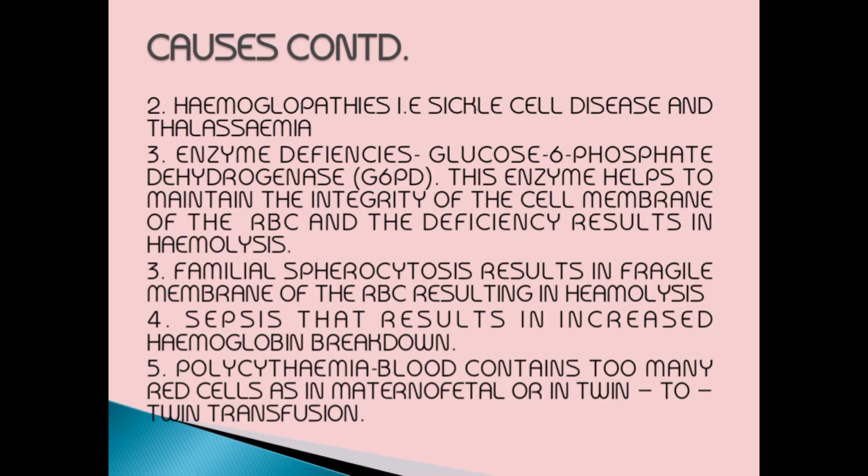Talk about enzyme deficiencies, like if the child has deficiencies in the enzymes involved in bilirubin metabolism, such as glucose-6-phosphate dehydrogenase, which is G6PD. If a child lacks this enzyme, it becomes impossible for bilirubin to be conjugated, hence leading to an increase in the levels of bilirubin.